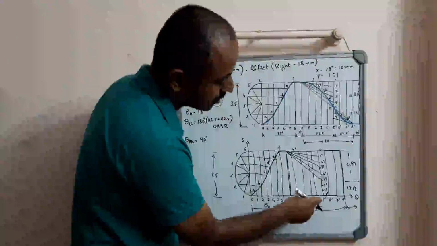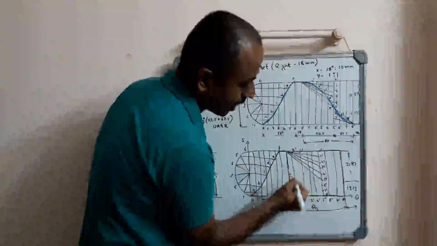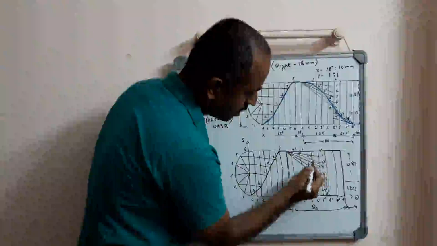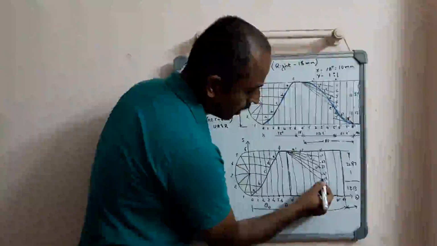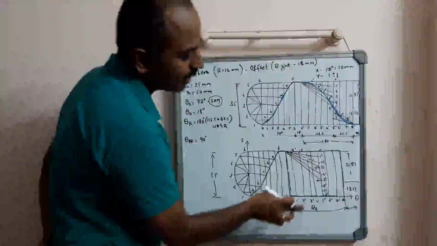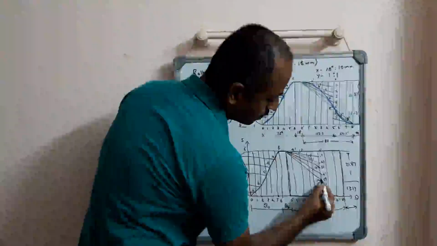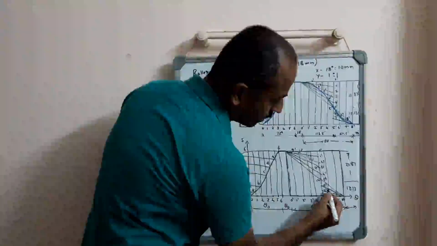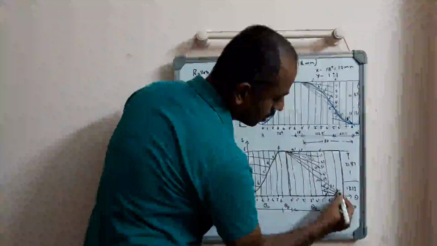The intersection of the vertical division 2 dash and the inclined line 2 dash is our B dash. Similarly, C dash, D dash, and this is our E dash. Then connect the remaining 3 divisions to the bottom right corner and get the other points F, G and H.